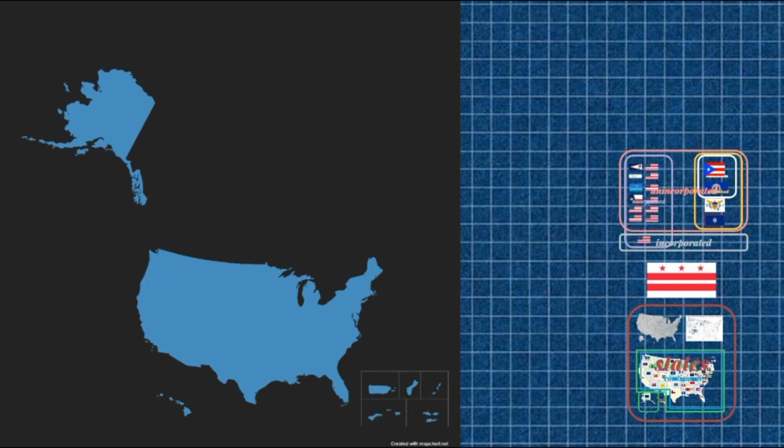Anyway, the first thing we have is Guantanamo Bay, which is weird because according to the USA, it isn't American territory. It's just a military base which they pay rent for in Cuba. However, de facto, it is American territory.